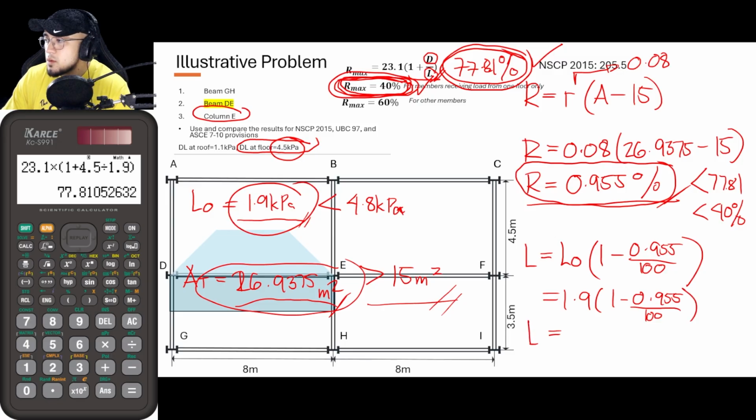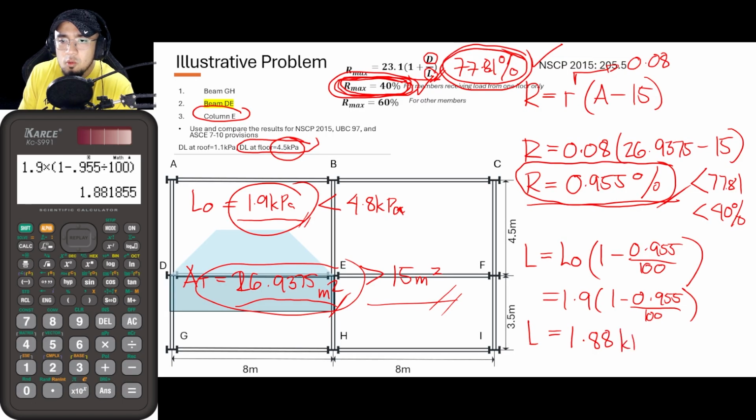So the live load that we will be using here is equal to 1.9 times 1 minus 0.955 all over 100. So the answer here is very close to 1.9. That is 1.88. Okay? So if you are wondering why the reduction rate is so small, that is actually the inconsistency between NSCP and UBC.